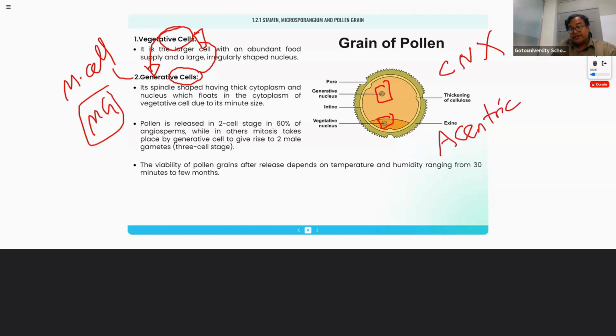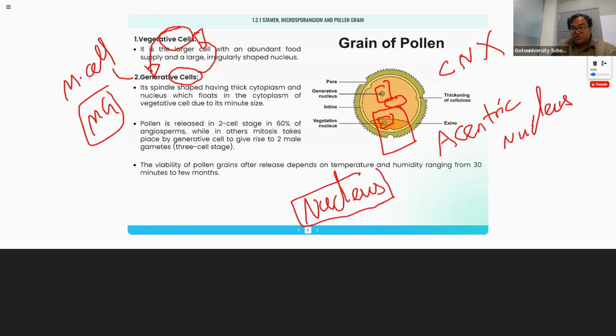Because the vegetative nucleus is nearby the periphery, that is, nearby the pole, not exactly in the center like the generative cell. Both nuclei are far away from each other, not residing in the center. That is why I use the word acentric nucleus for the generative nucleus and vegetative nucleus.